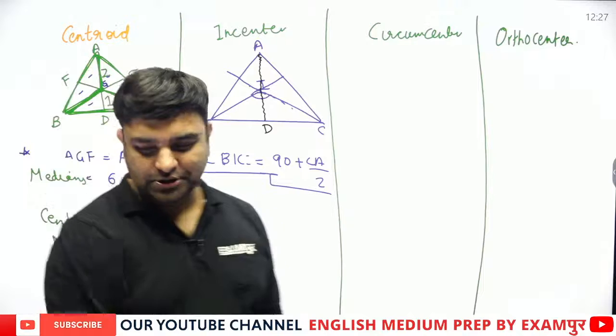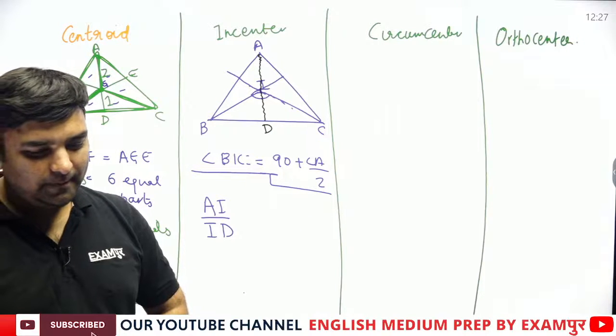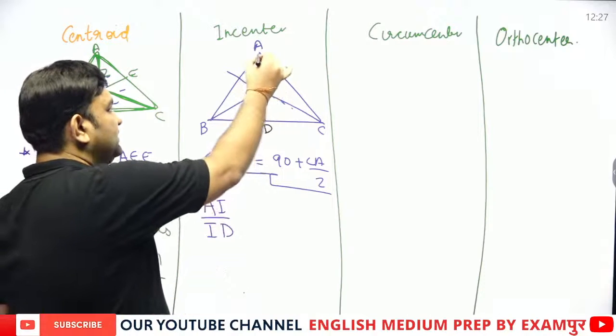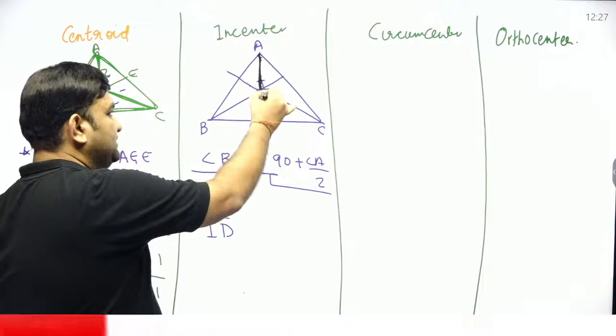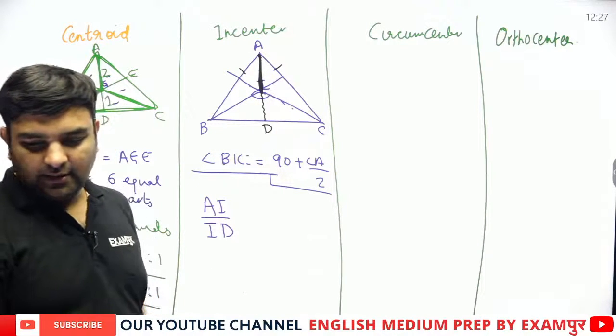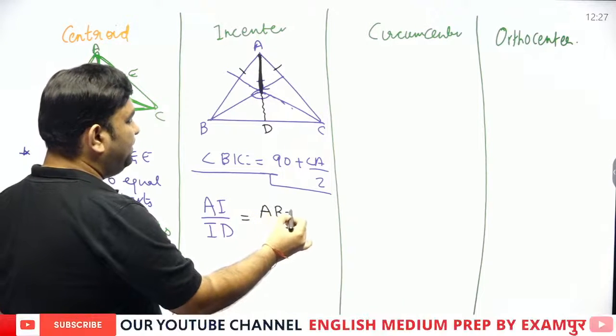Dinesh, bit of correction. For the vertex side, AI is the vertex. So for AI, it is the sum of adjacent sides, AB plus AC.